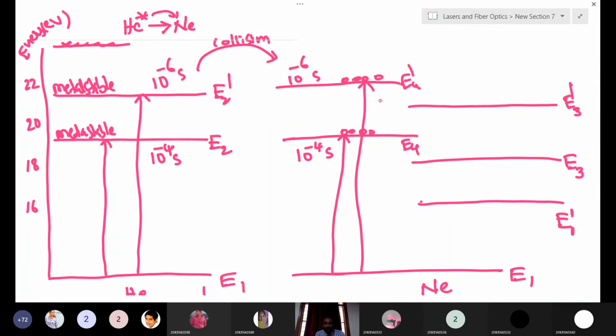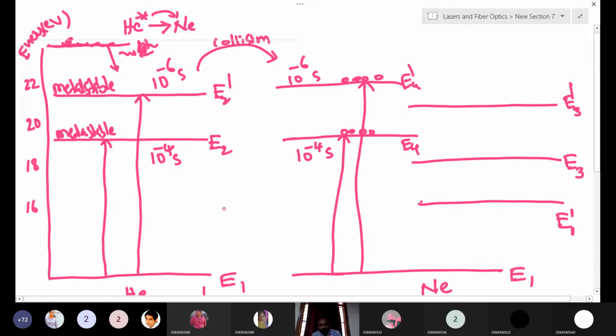The lifetime here is very high, so now they have to make a transition. Why are we not drawing another level? Because a spontaneous emission is already there. If you drew an excited state here, the atoms would come to the metastable state and emit spontaneous photons. So we are not drawing that step.